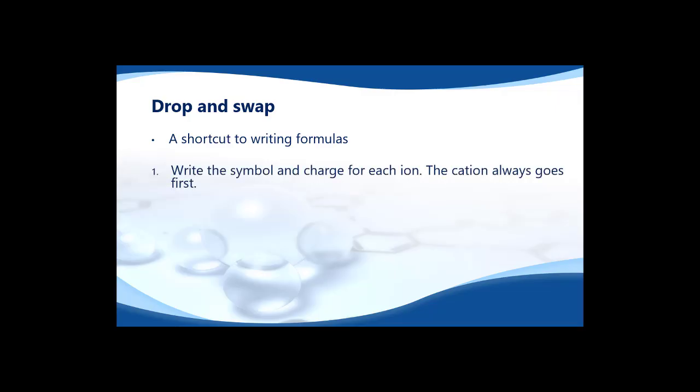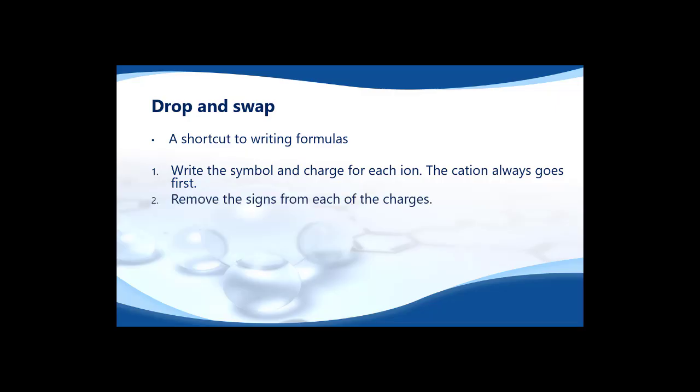The way that we do this is we start off by writing the symbol and charge for each of the ions in the compound. After this, I'm going to go through a handful of examples. I'll do a couple and I'll have you try a couple. When you write your symbols, the positive charge always goes first, the negative charge always goes second. Once you've written the symbol and charge, you remove the signs.